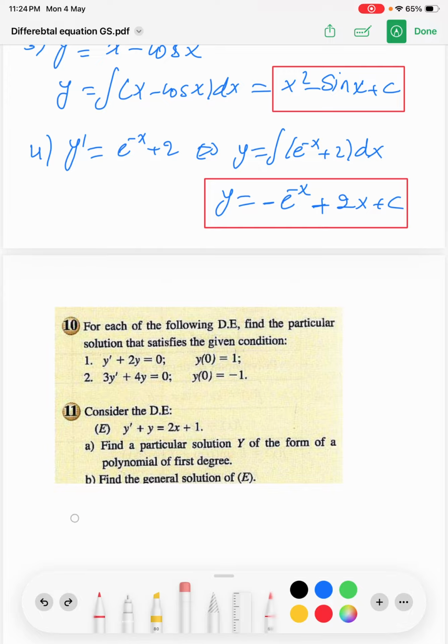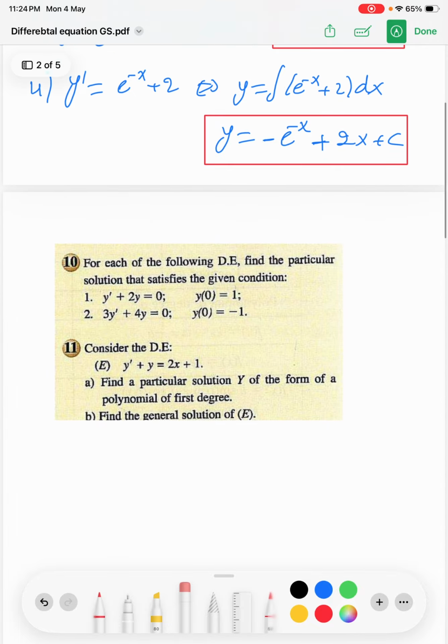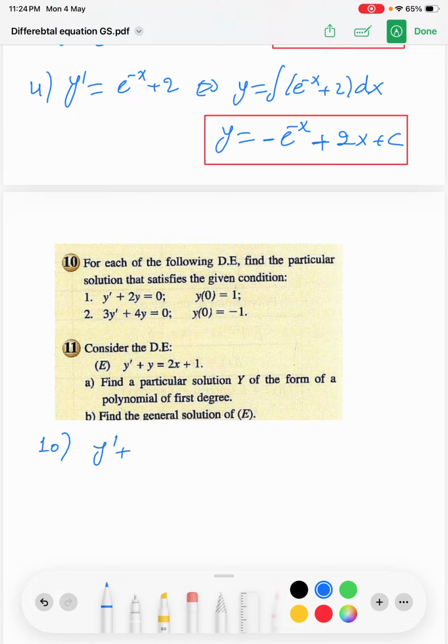Like in this case, for example in part 1 of number 10, y prime plus 2y equal to 0. The general solution is y equal c exponential of minus 2x.